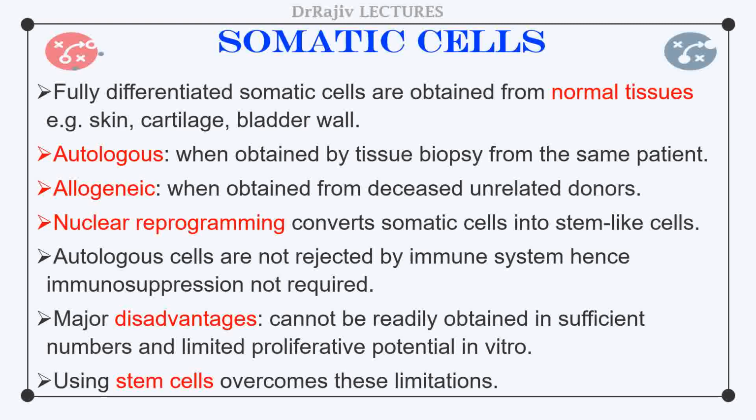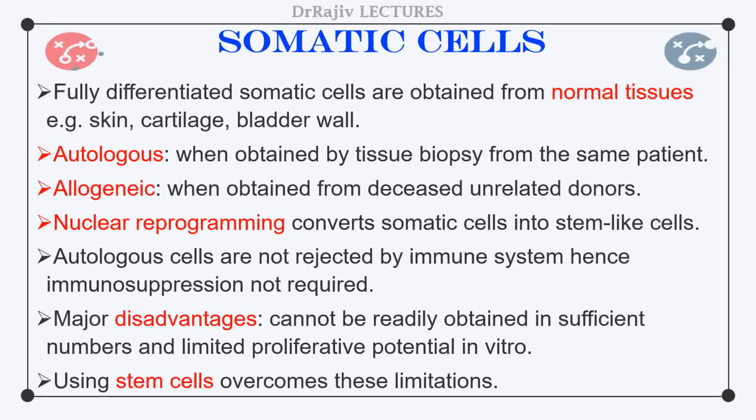Fully differentiated somatic cells used for tissue engineering and regenerative therapy are obtained from normal tissues, such as epithelial cells of skin, chondrocytes of cartilage, uroepithelial cells of bladder wall, etc. Such tissues can be obtained by tissue biopsy, known as autologous cells, or from deceased unrelated donors, known as allogenic cells.